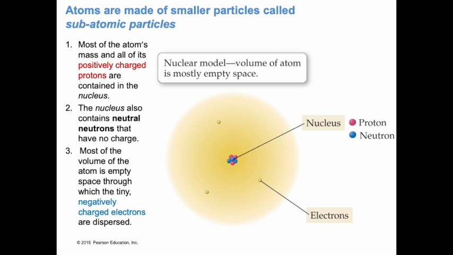Most of the volume is empty space around the nucleus, and in that mostly empty space, there are teeny tiny particles called electrons. Electrons are negatively charged, and they occupy that space outside of the nucleus. In general, most atoms are neutral, which is to say that there's some number of positive protons. In this atom that we see on the screen, there are three red protons.